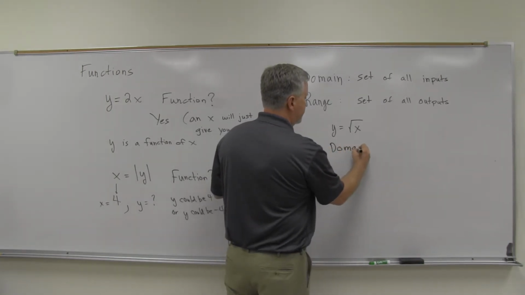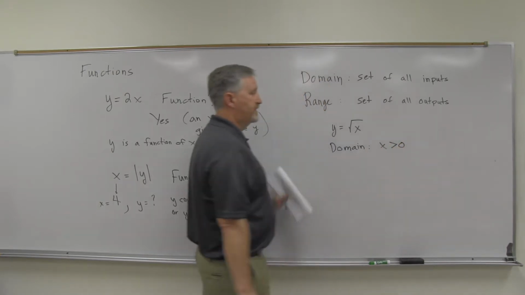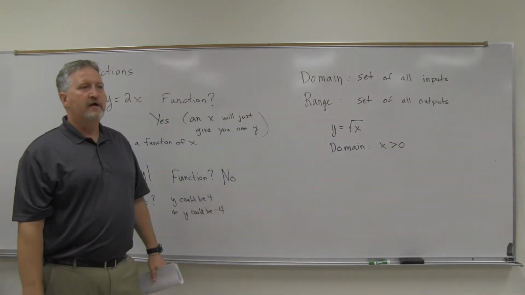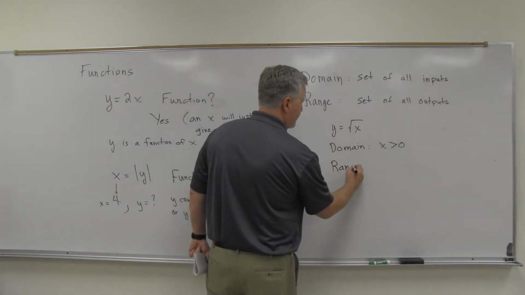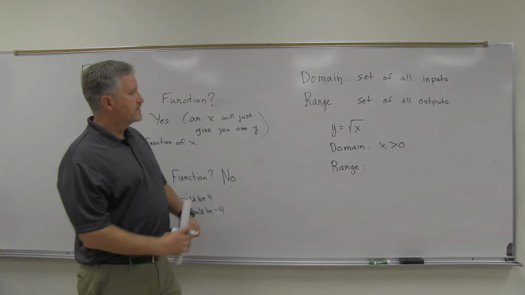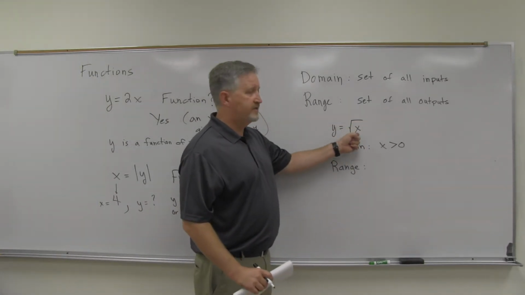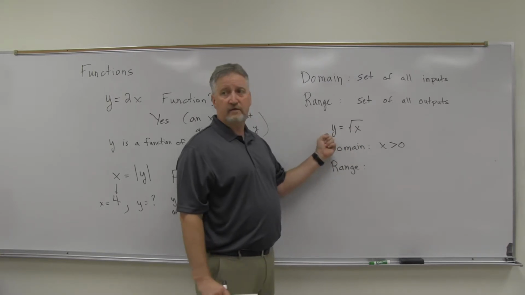You see what I'm saying? We'll talk more about it later on. And the range, what's going to happen on the range? Same thing, opposite. What are the outputs going to be? If I plug in 0, I get 0 for y. Am I going to get anything less than 0 for y?